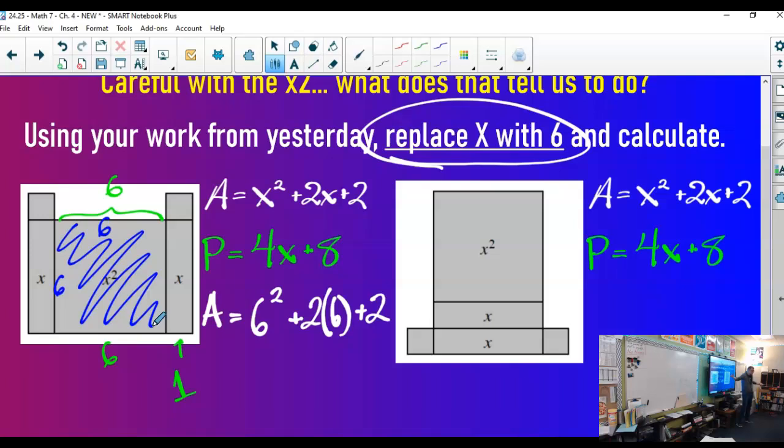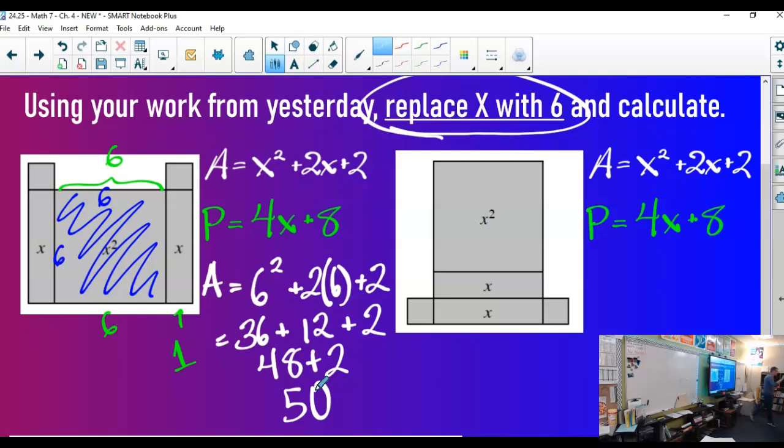What's 6 times 6? 36. So we get 36 here. What's 2 times 6? 12. Okay, let's keep going slowly. What's 36 plus 12? 48. Plus 2 more? 50.